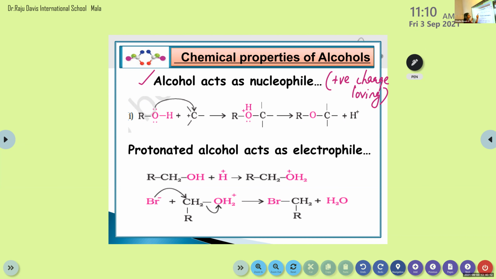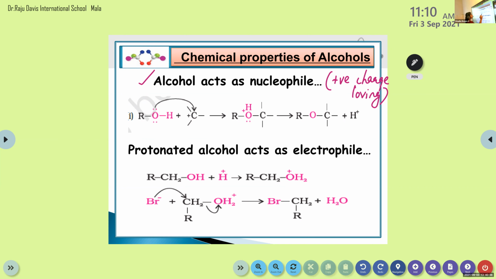Here you can see one positive charge on carbon, that means it's a carbocation. Oxygen has lone pairs, that means it's always electron rich, so it is searching for electron deficient species. And this carbocation is an electron deficient species. So the oxygen in the alcohol will attack the positive charge of carbon.